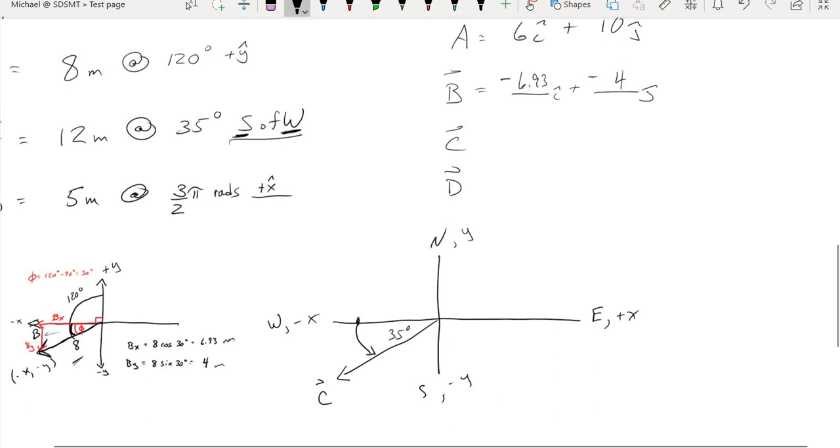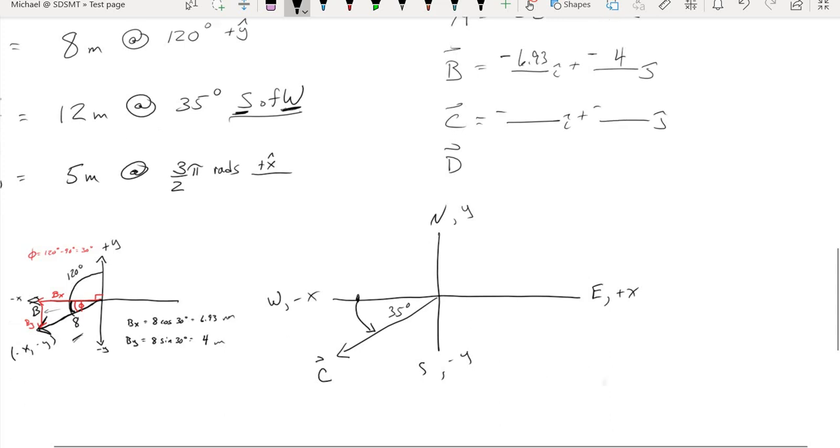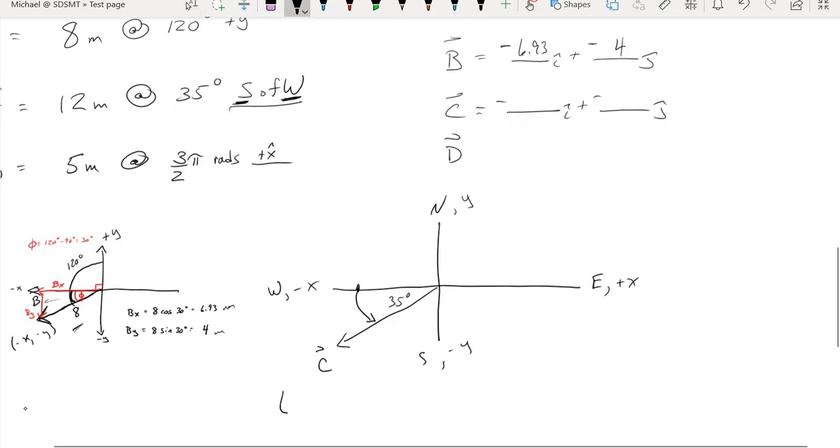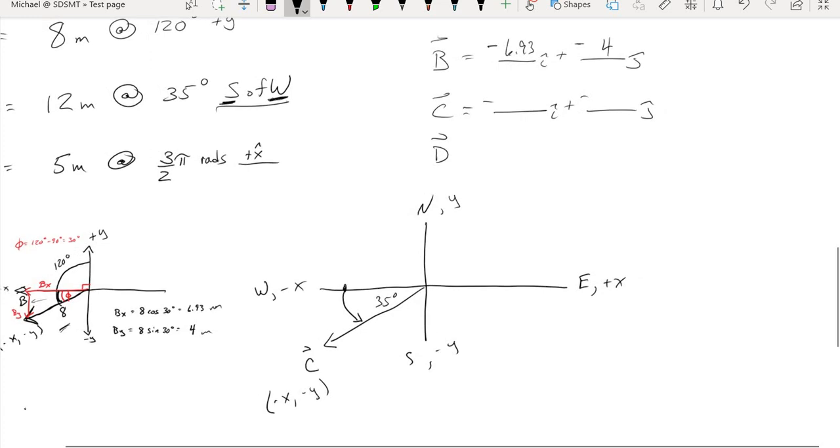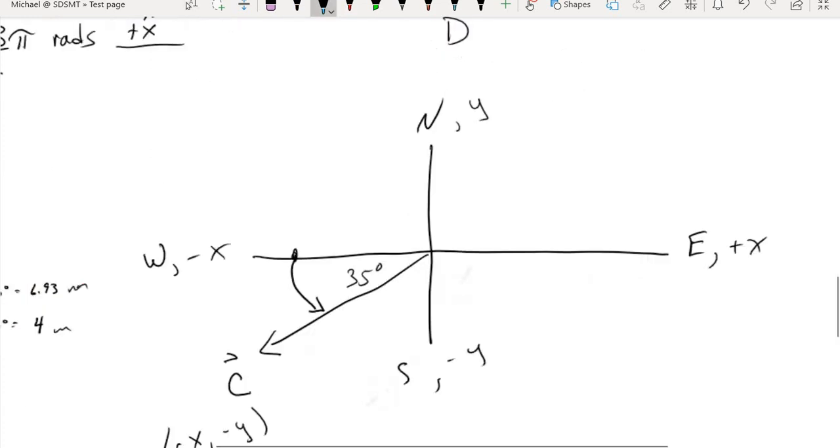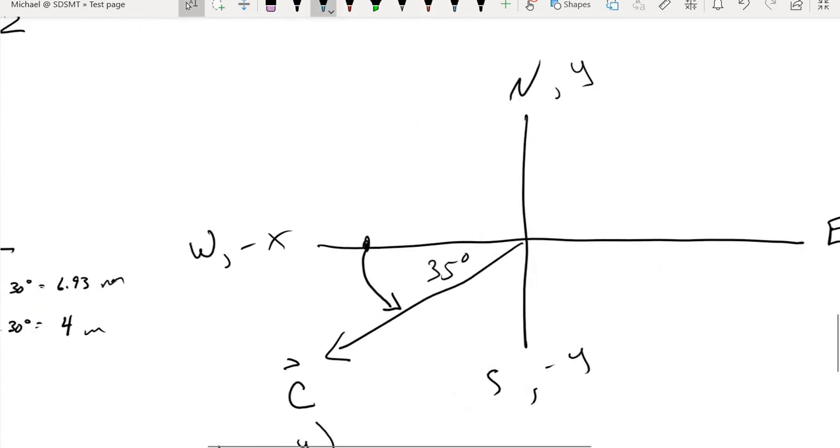So just like vector B, vector C is in the third quadrant, and it's going to have two negative components. So we'll find out what those are. We have an x component and a y component.